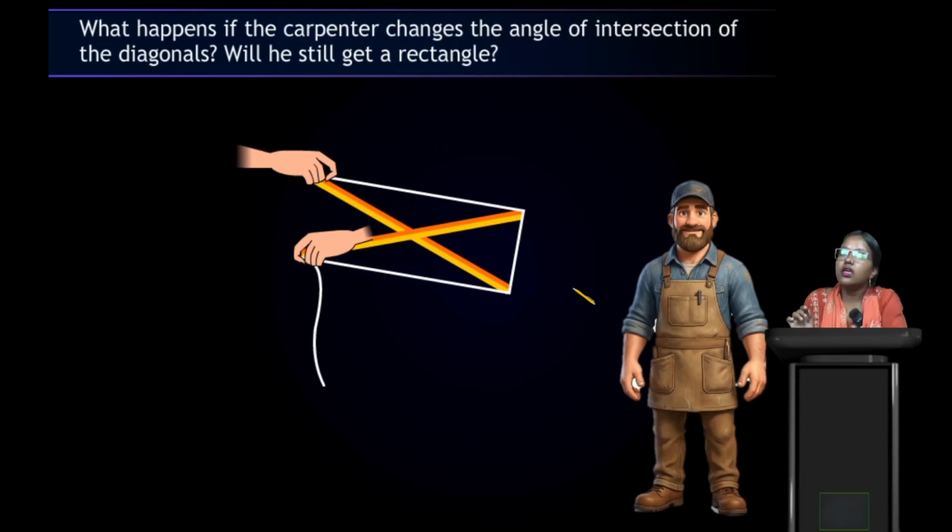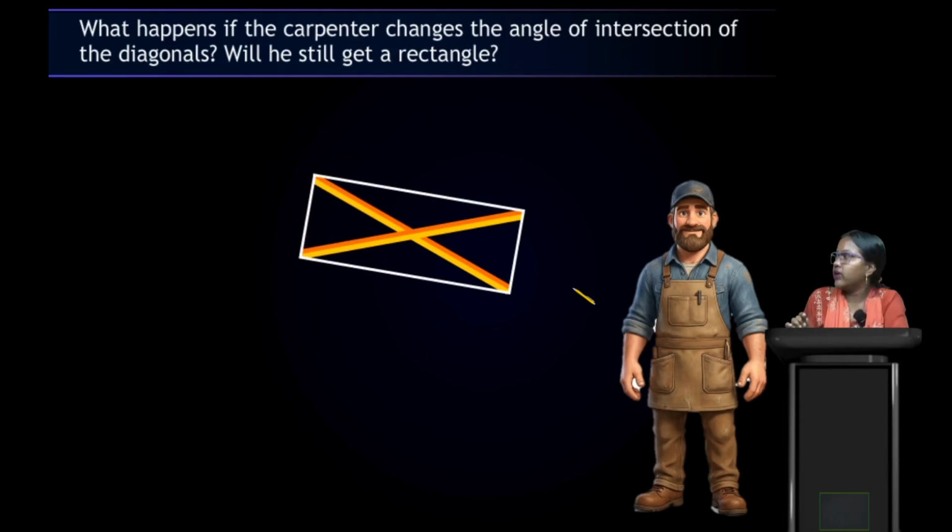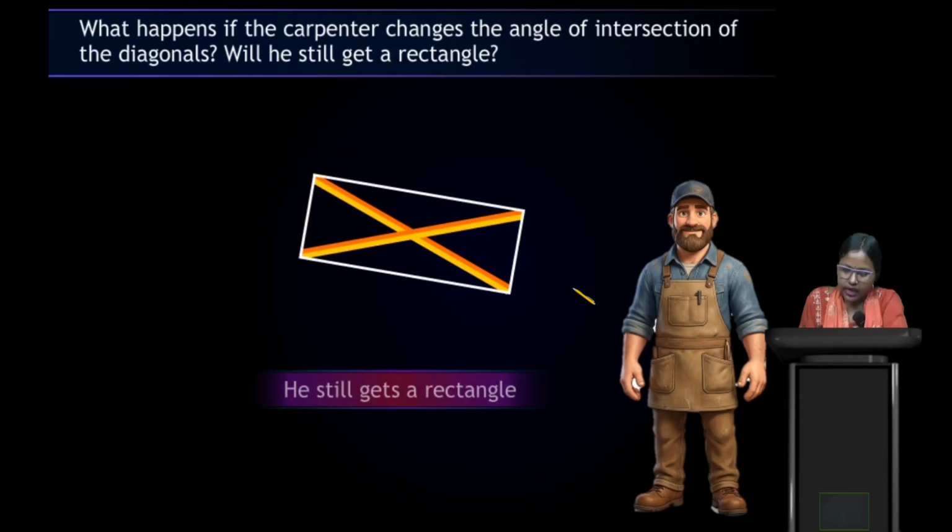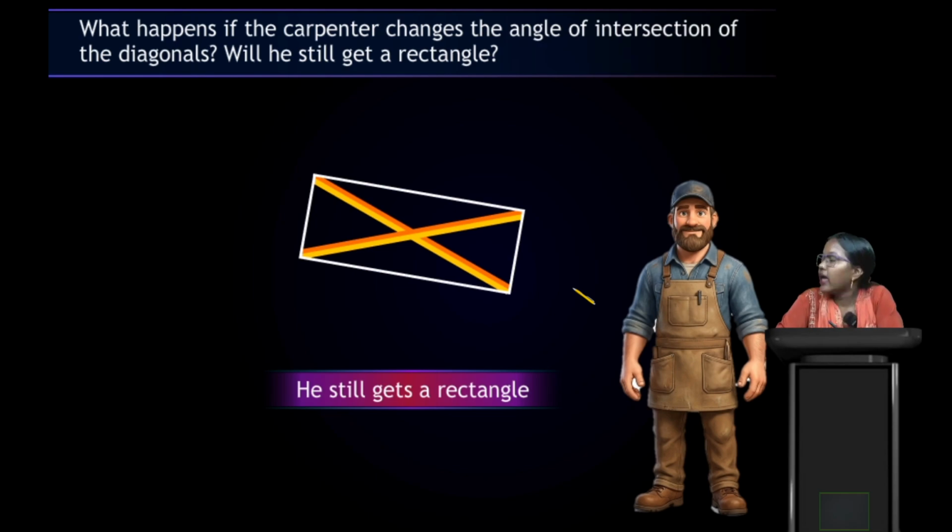Let's see. Again, if we join this with a thread, it is again looking like a rectangle. That means what can you conclude from here? If you change the angle of intersection, it will still be a rectangle. The condition is only imposed on the diagonals: they should be equal in length, and they should bisect each other.